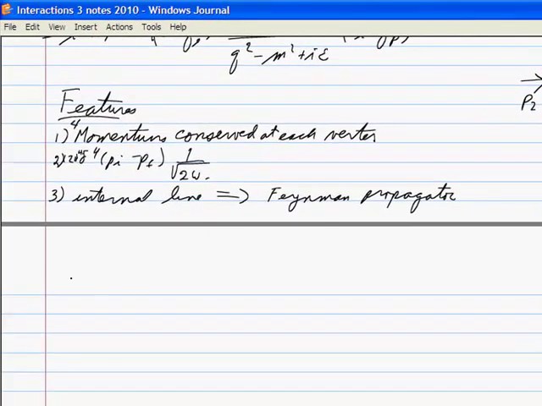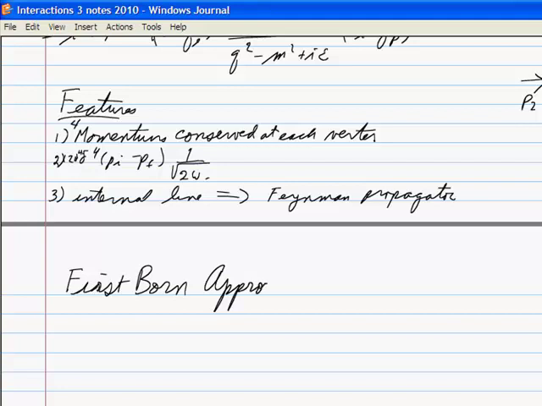Okay. So I want to tell you why you know this. You know this for various reasons. Let's first go back and think about doing this in usual quantum mechanics. So I'm going to do the first Born approximation.